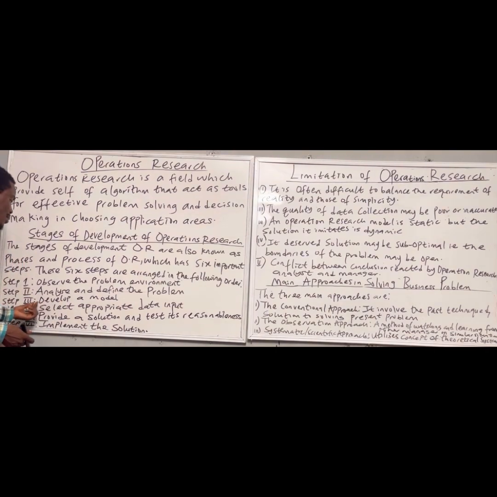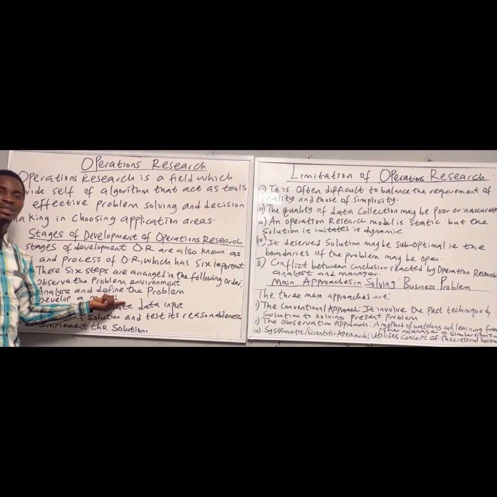Then step 3 is to develop a model. We all know that a model is an abstract representation of a real life situation. When we are developing a model, we are formulating the objective function of a linear programming problem.